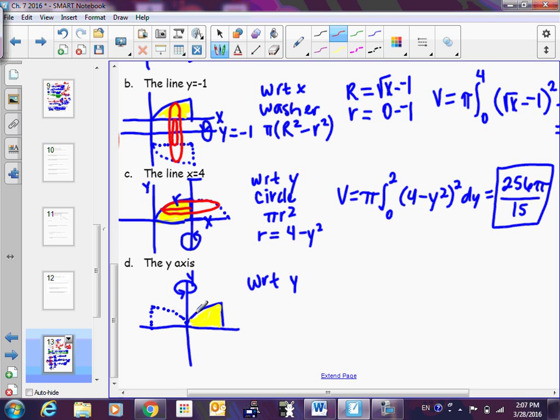This is one where it's not as obvious if it's a washer or a circle. So if I think about it, if I draw this circle that goes all the way from one edge to the other, I have some gap here in the middle. That's going to give me a washer. That's how you know.